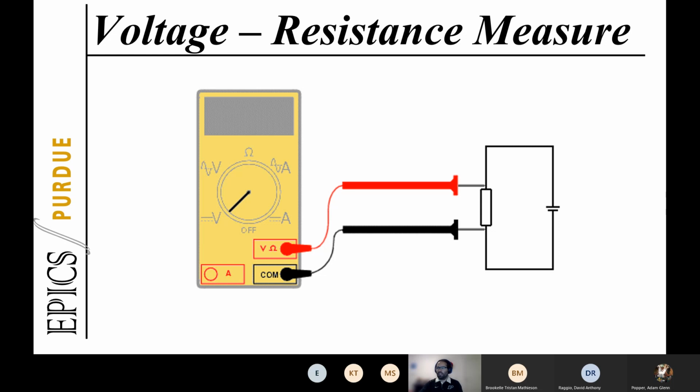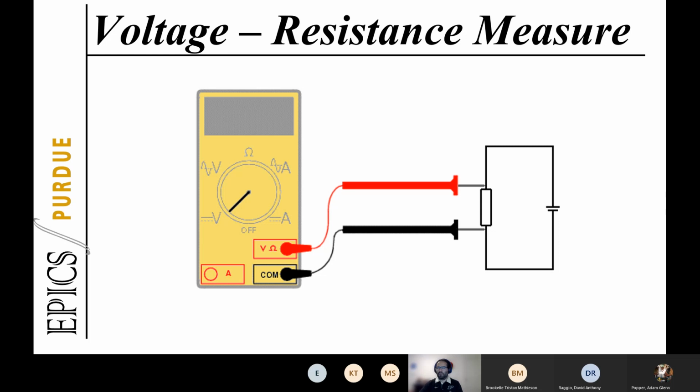So we can see here on the circuit on the right, we have a battery that's going to provide me with some voltage, and we have this box that can be any element. Let's say it's a resistor. So we put both probes on each side, and we will be measuring the voltage or the resistance of that element, depending on the position we put the multimeter on.